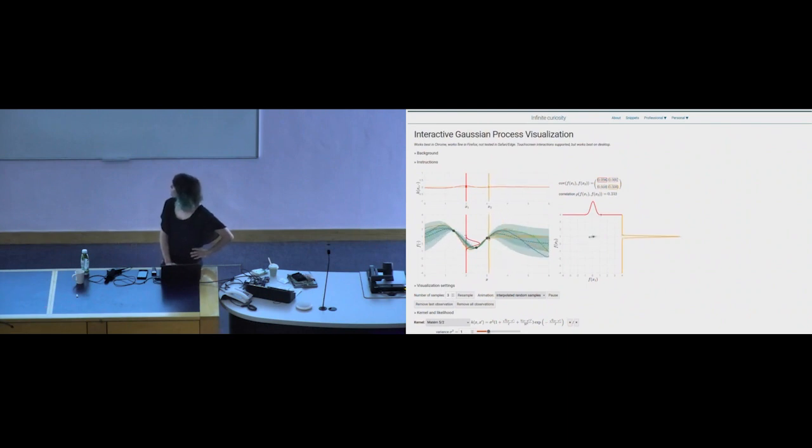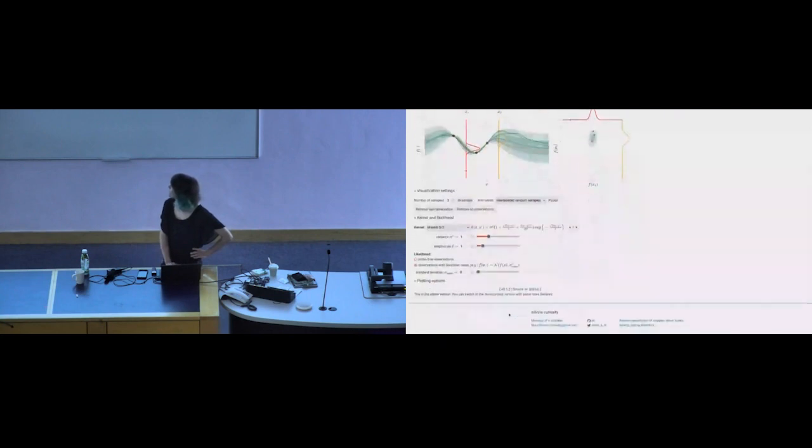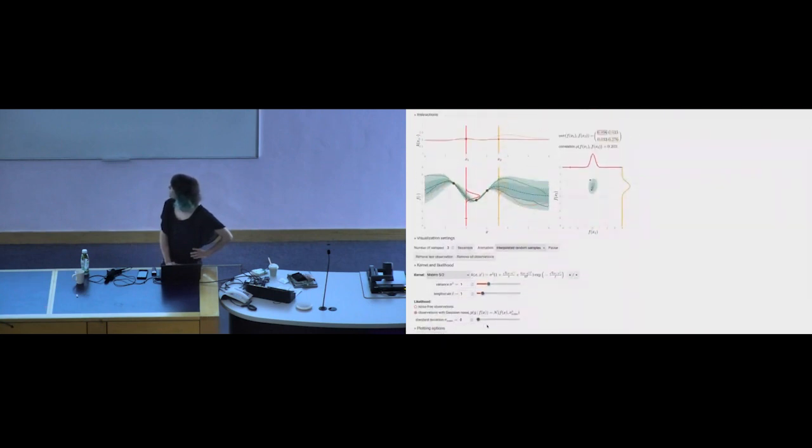Here you'll see that all the functions go exactly through the data. That's because we had 0 observation noise. If we add a bit of observation noise, you can see that the variance increases a bit, and they don't go through all the data points anymore.